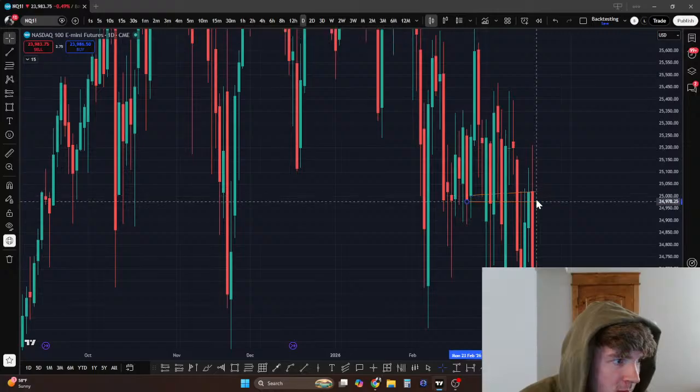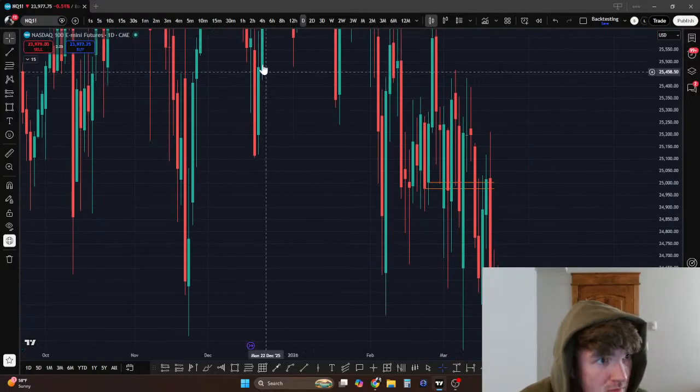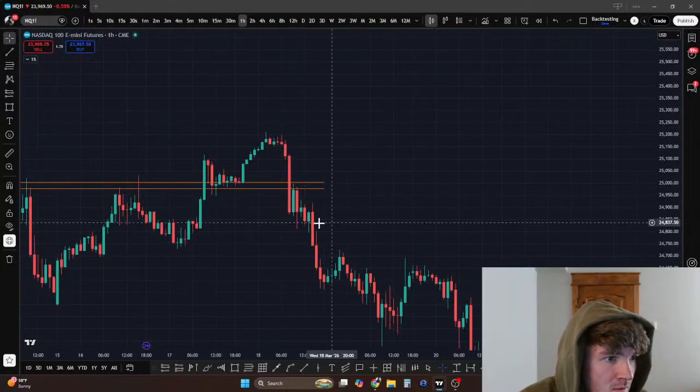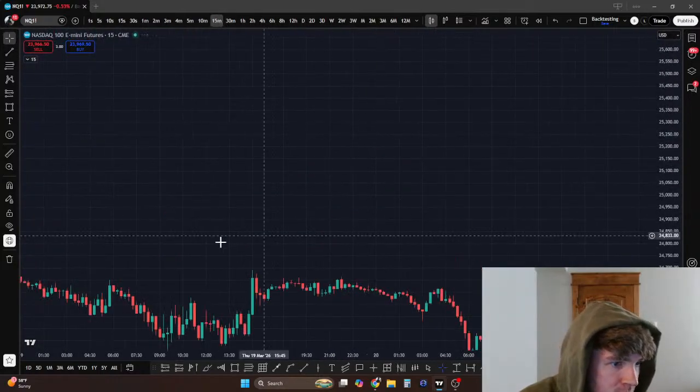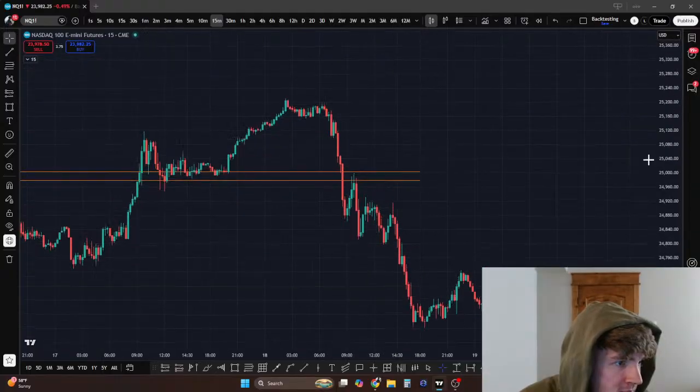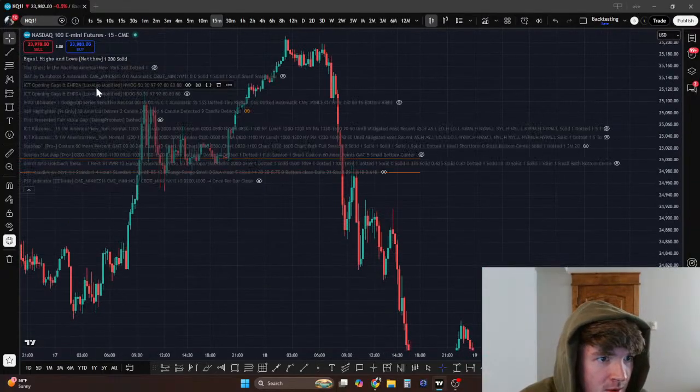Are daily volume imbalances better than new day opening gaps? Yeah, what does it say the new day opening gap is? From where to where?